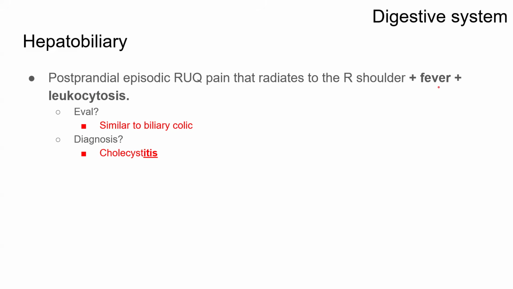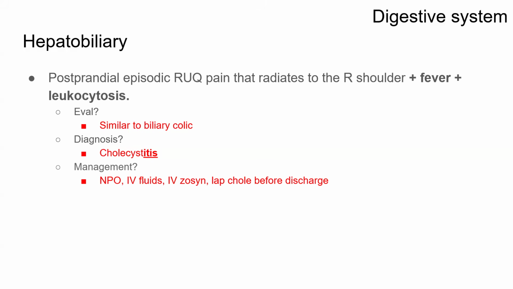The fever and leukocytosis mean that there is an infection or inflammation, which therefore earns it the title cholecystitis, because of the inflammation. The management of cholecystitis, you make them NPO, right? If it gets bad when they're eating, you don't want to make them eat or drink anything.